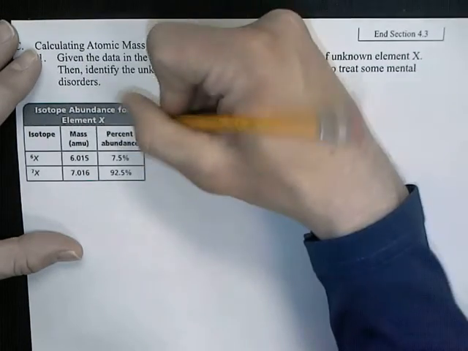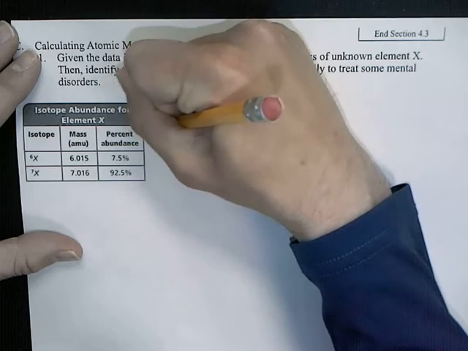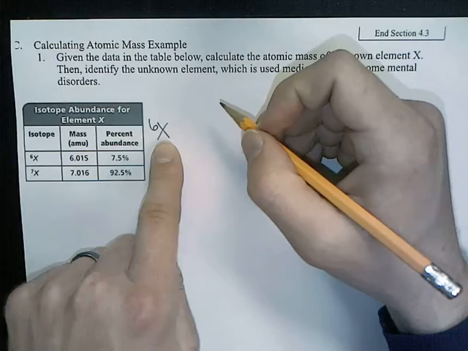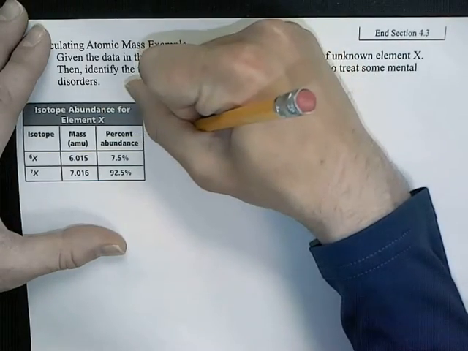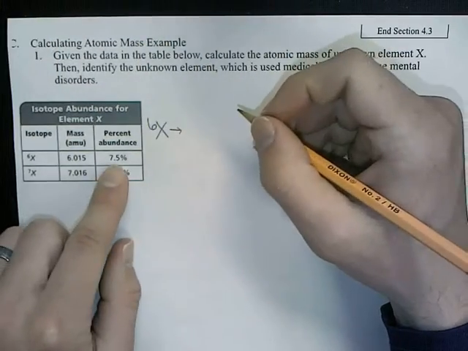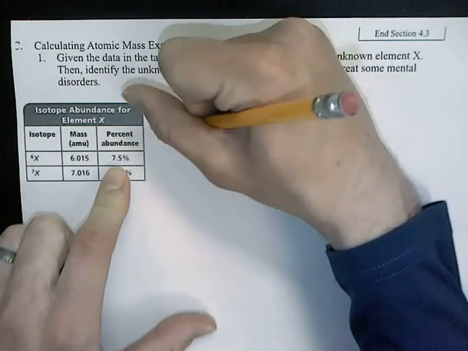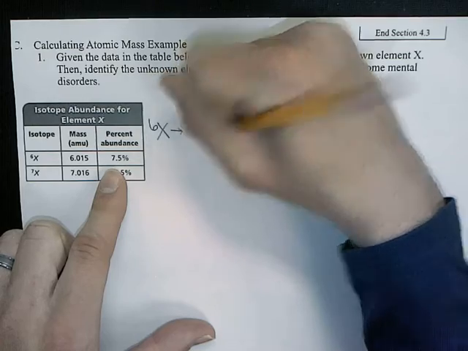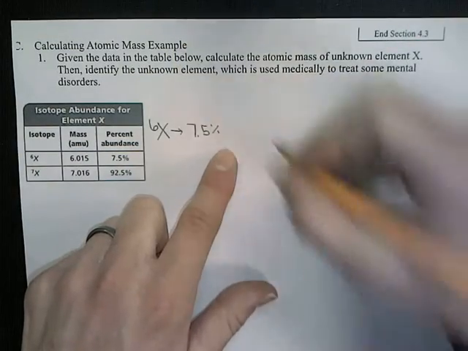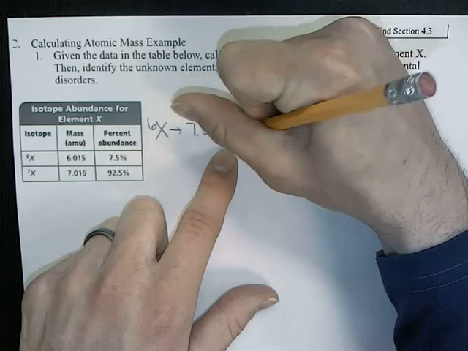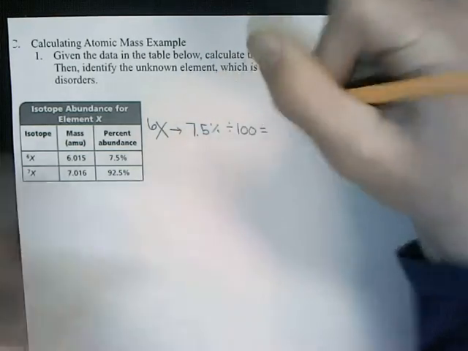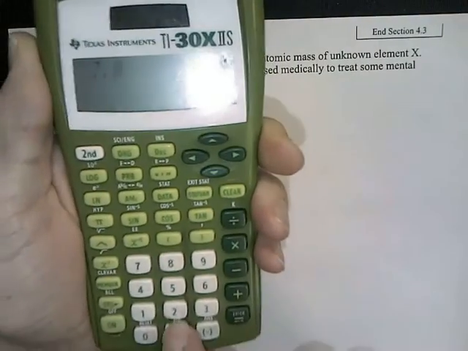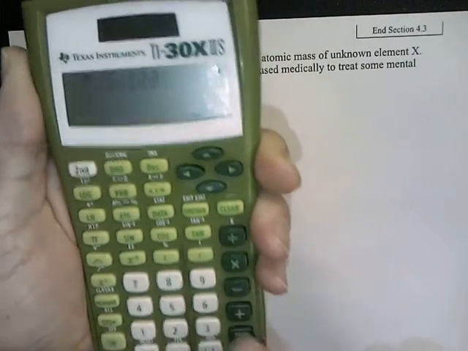For this isotope, we don't know its element, so we just write down X6. The first thing that we do is we take the percent abundance and make it a decimal form. So I'm going to take 7.5%, and the way we make it a decimal form is we divide that number by 100. So we take 7.5 and divide by 100.